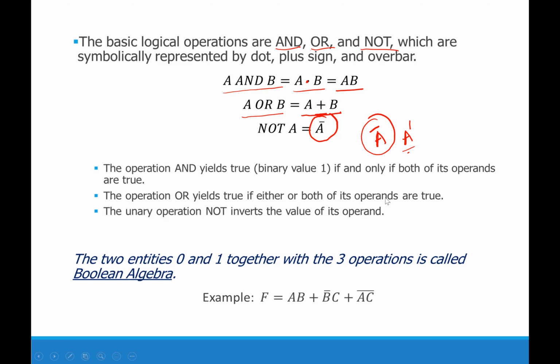Now let's see how we apply these operators to the Boolean variables. We know that any Boolean variable can take only two values. What are the values?